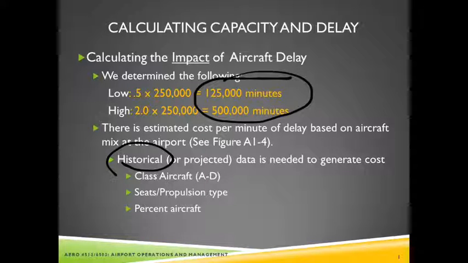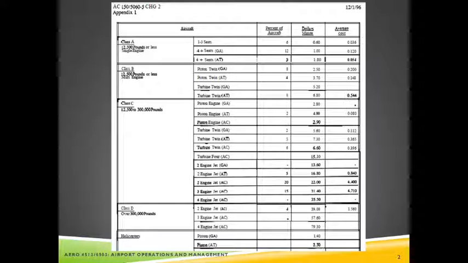In our scenario, we will give you these factors. From figure A1-4 in the advisory circular, we see the factors affecting delay cost depicted along the left column, the left columns here under aircraft. So those are factors affecting the delay cost. In other words, the size of aircraft, the propulsion type, the configuration, that sort of thing.